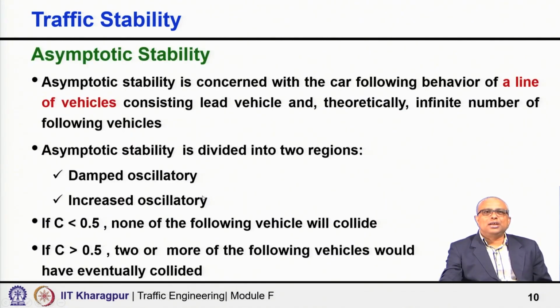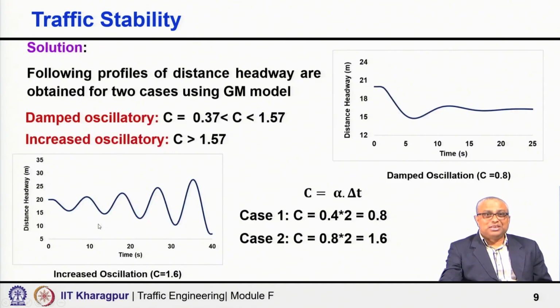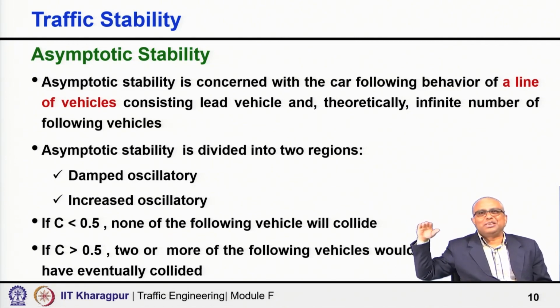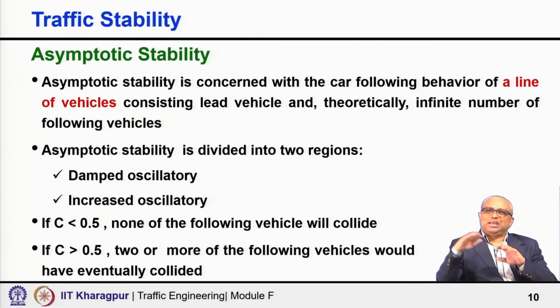What is said here? If the value of C is less than 0.5, understand that these threshold values are not the same as the thresholds we mentioned earlier. This threshold is different. With C less than 0.5, none of the following vehicles will collide, so it is going to be damped oscillatory. It will oscillate, but eventually the whole following vehicle stream will become stable.